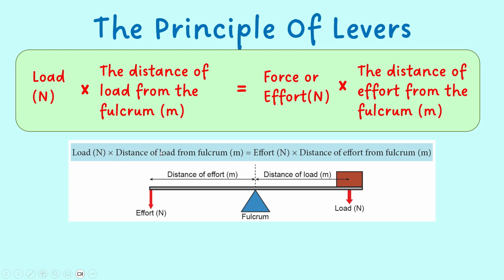Load times distance of the load to the fulcrum equals the effort times the distance of the effort to the fulcrum. So the moment on the left and the moment on the right are equal if they are in a balanced position.